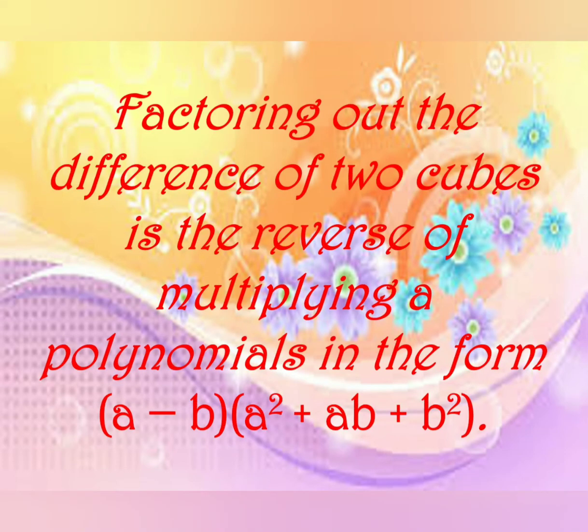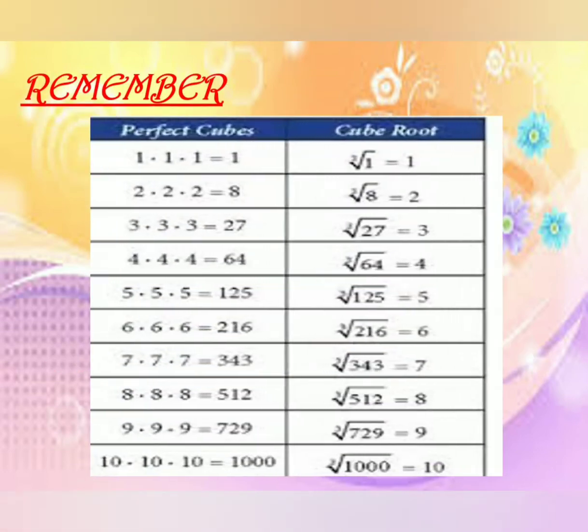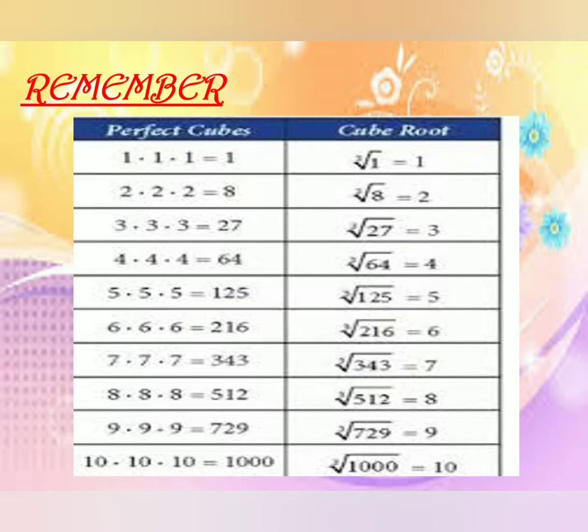Factoring the difference of two cubes is the reverse of multiplying polynomials in the form quantity a minus b times quantity a squared plus ab plus b squared. So remember, 1, 8, 27, 64, 125, 216, 343, 512, 729, 1000, and so on are all perfect cube numbers.